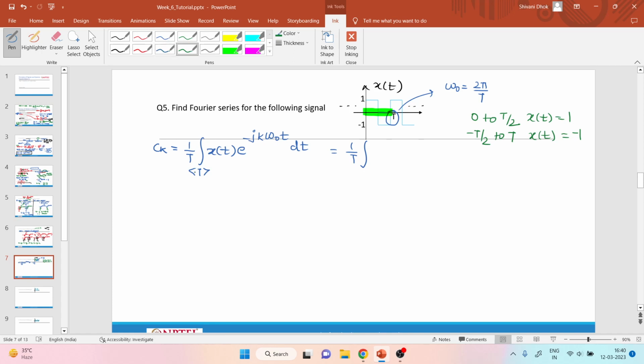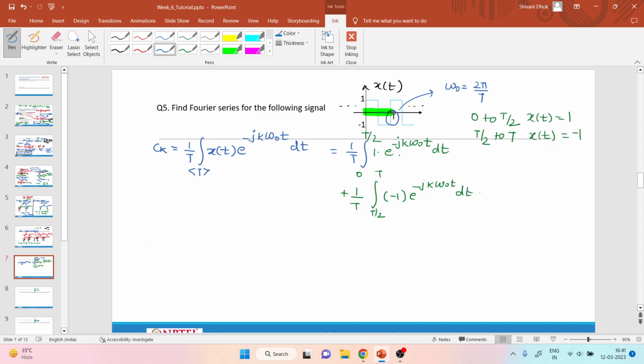So I can split this integral from 0 to T by 2 and T by 2 to T. So 1 by T integral from 0 to T by 2 of 1 into e power minus j k omega naught t dt, plus 1 by T integral from T by 2 to capital T of minus 1 into e power minus j k omega naught t dt.